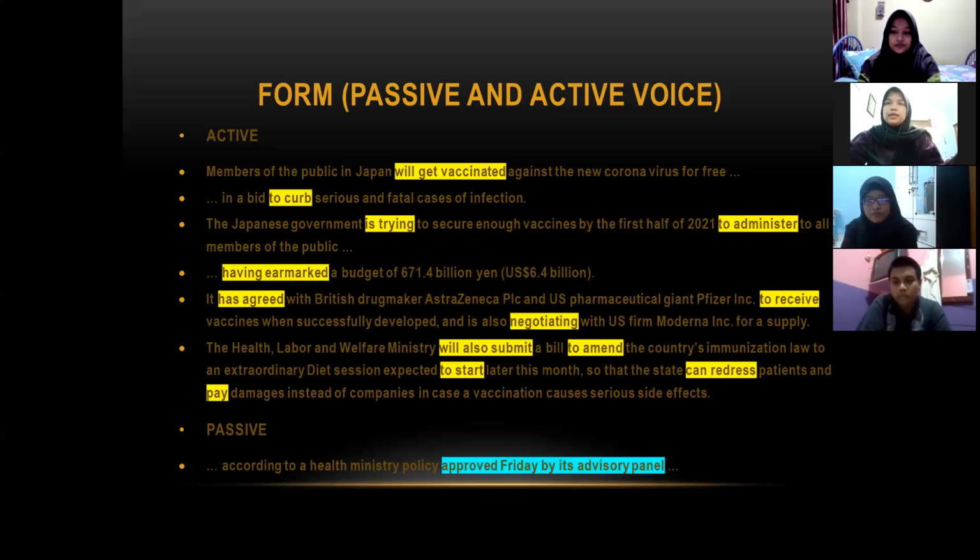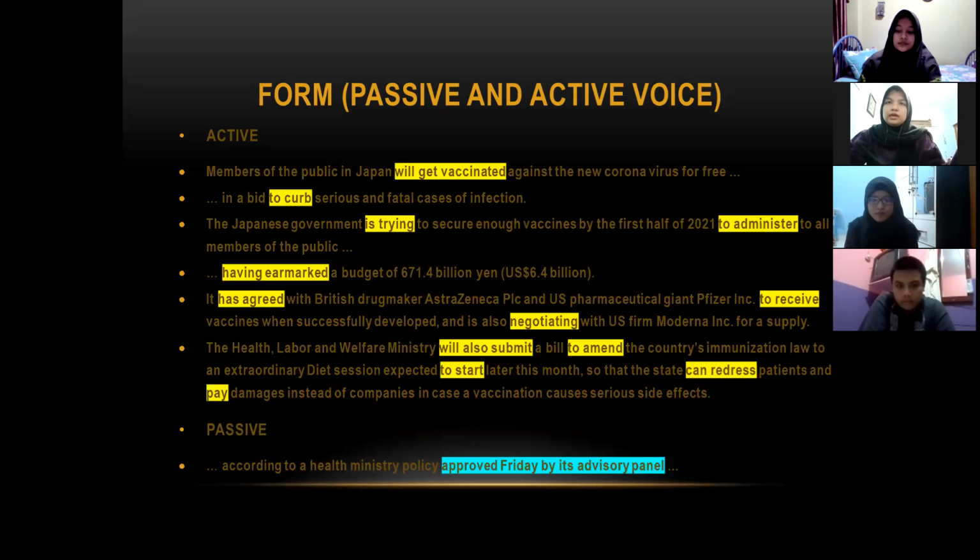The active voices are is trying and to administer. The fourth is: having earmarked a budget of 671.4 billion yen. The active voice is having earmarked.